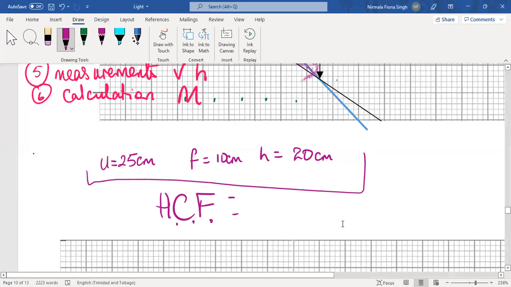All right, anybody? I see 5. Yeah, 5 is a HCF, but I can get better than that. Ten. I have 10. I can get better than that.